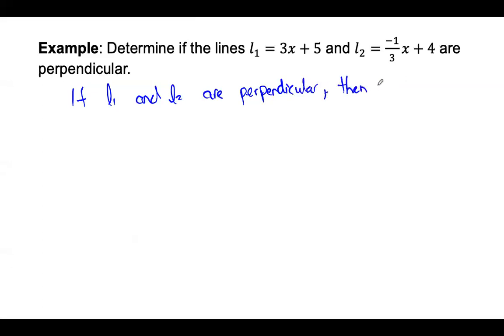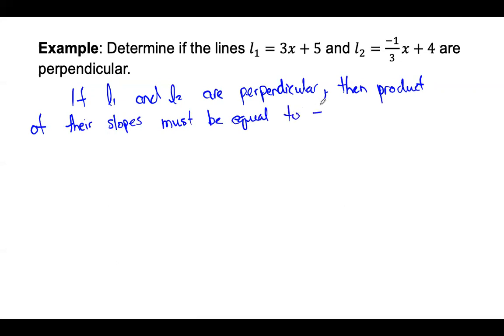Then the product of their slopes must be equal to -1, right? Okay. So we can find the slopes. We see here, this one is 3, and here the slope is -1 over 3.